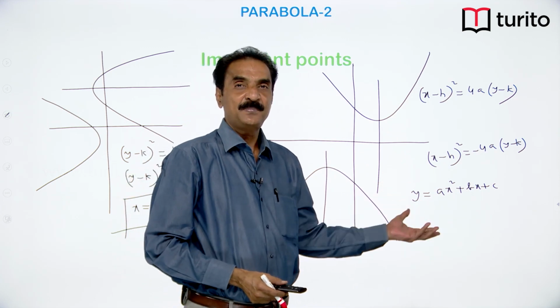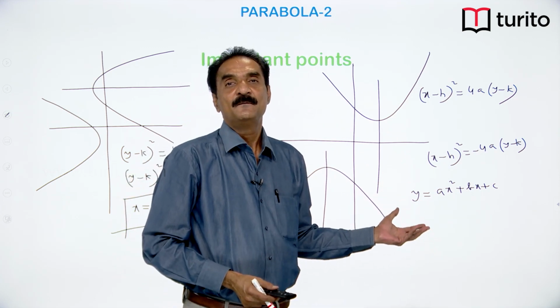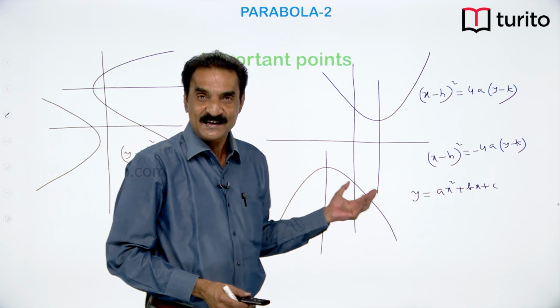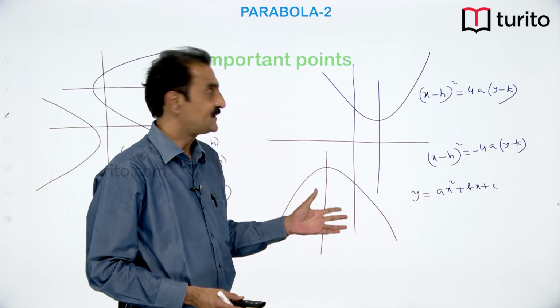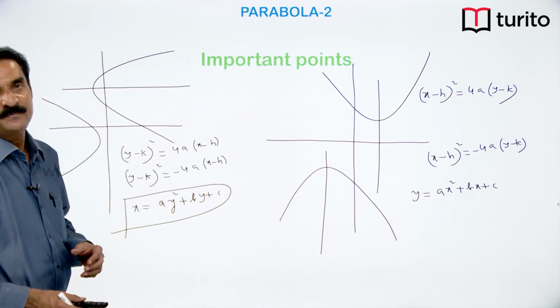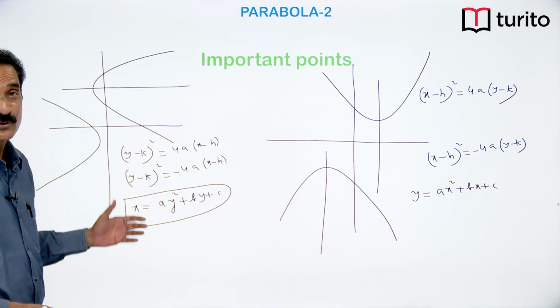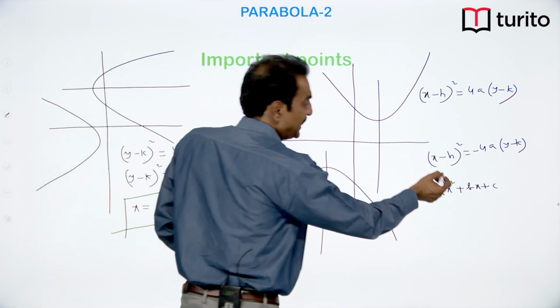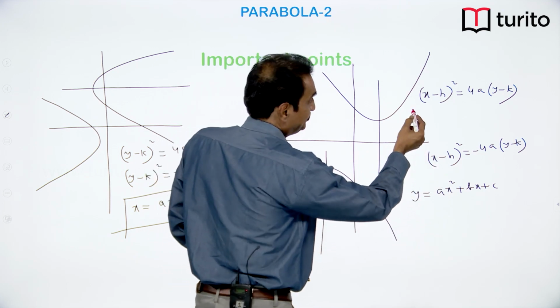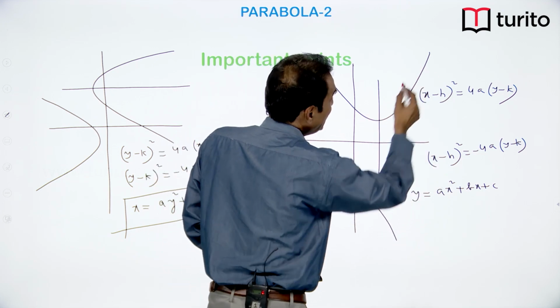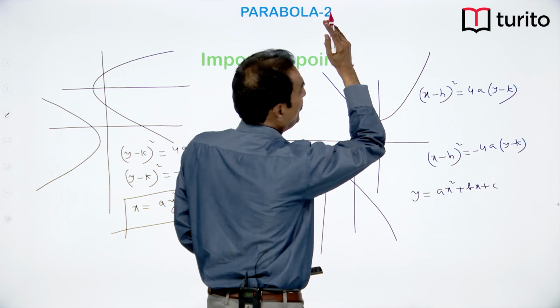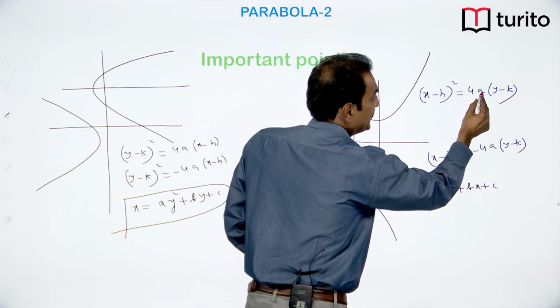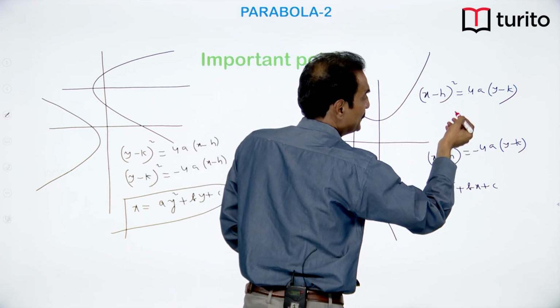So, this is the simplest form of the parabola whose axis is parallel to y axis, and this is the simplest form of the parabola whose axis is parallel to x axis. Here you can observe that the concavity of the curve will be upwards if the coefficient of x square is positive.